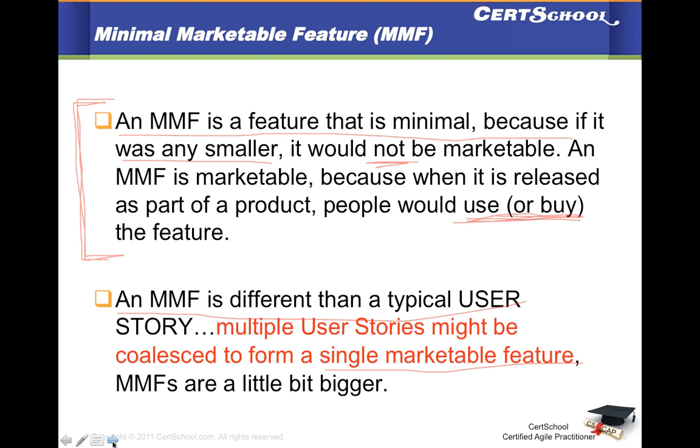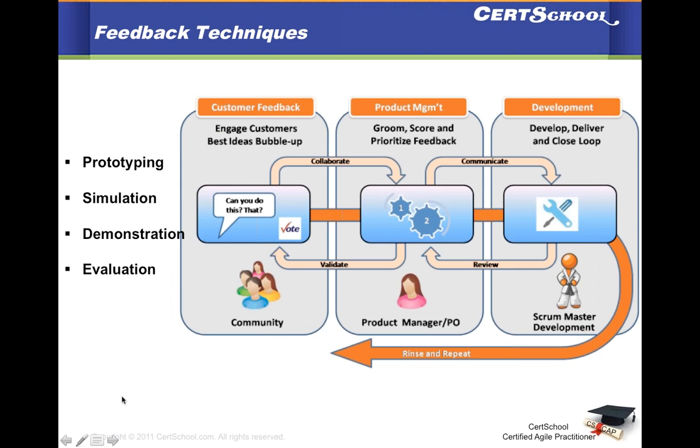All right, let's talk about feedback techniques. Feedback techniques have been there forever. It's how we look at the feedback techniques from an agile perspective. There are various things that are available for feedback, but these four things are essentially the core of things in agile.